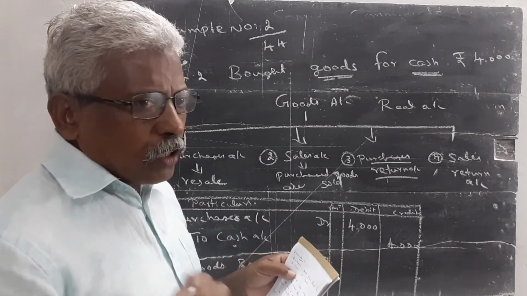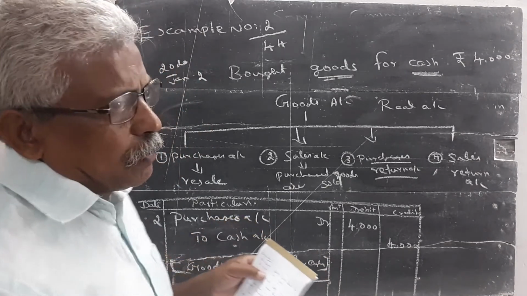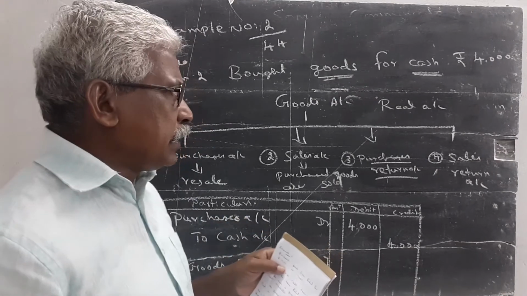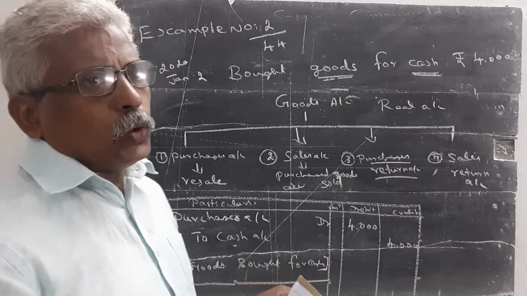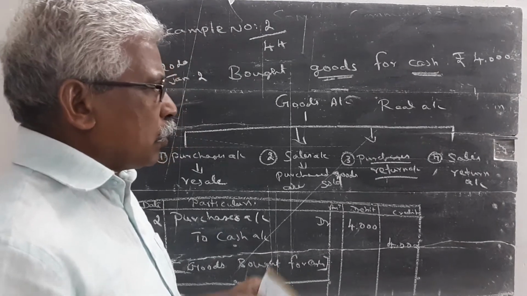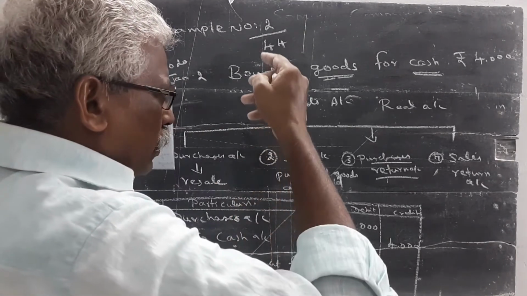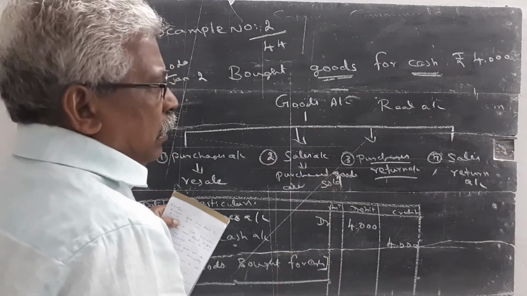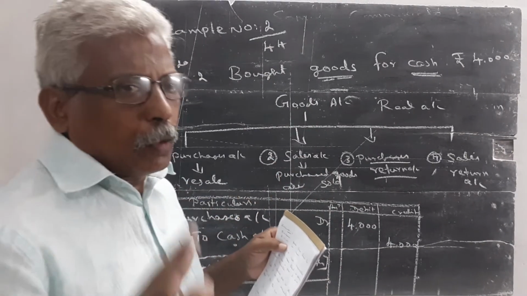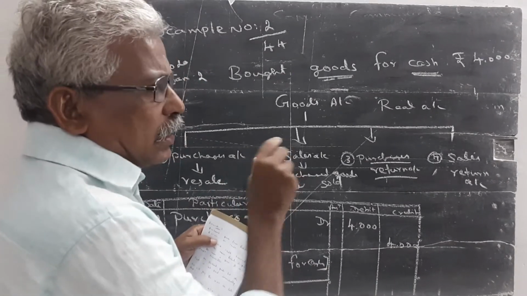Then the same questions will be repeated and we can easily study the journal. If you are thorough in the journal, only then will we do the subsequent chapters, which are based on the journal. If you have thorough knowledge of the journal, then only can we solve the remaining problems. So I give more concentration to studying the journal.